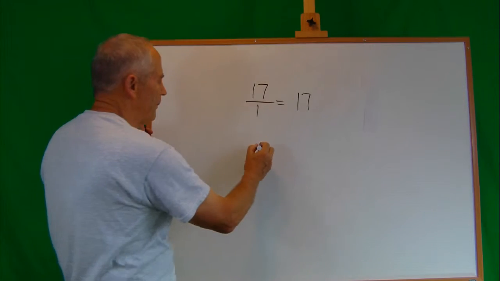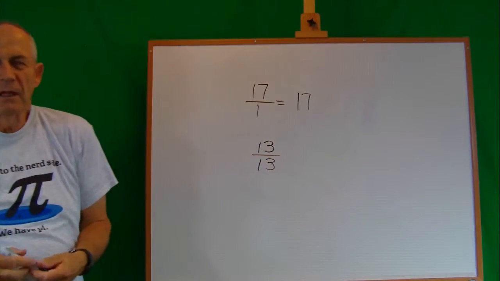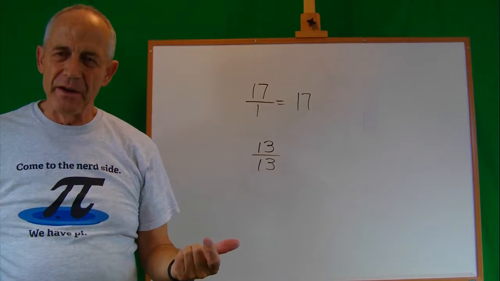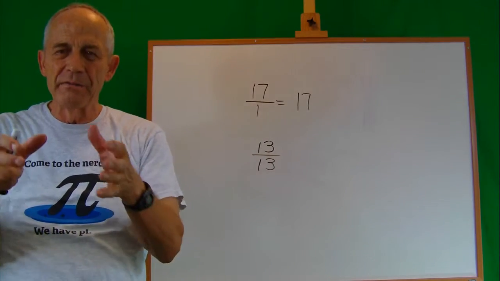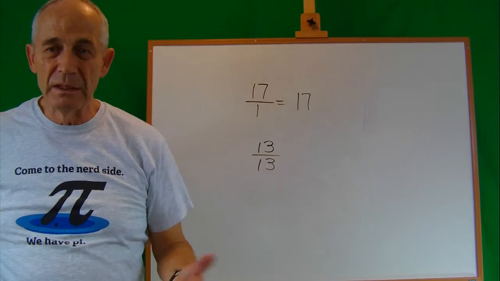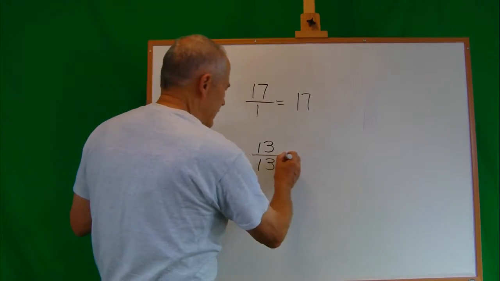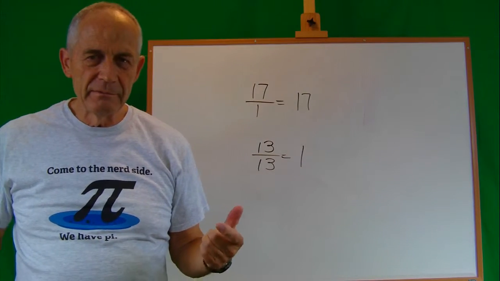Here's another one. How many 13s are there in 13? How many groups of 13 are there if I have a total of 13? One, and everybody knows that inherently. Does it matter what number I put in there?